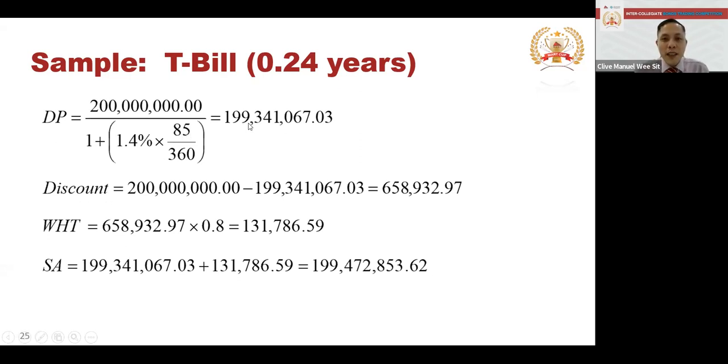So the discounted proceeds is 199,341,067.03. The discount is the difference between the 199 million and the 200 million. So essentially, the discount is 658,000.